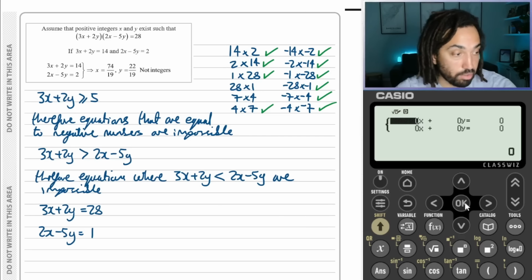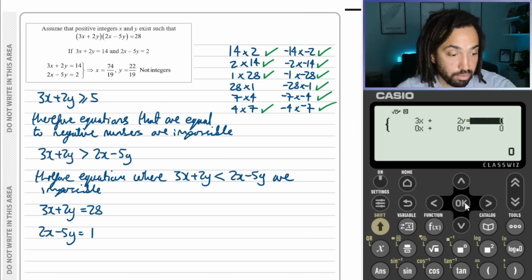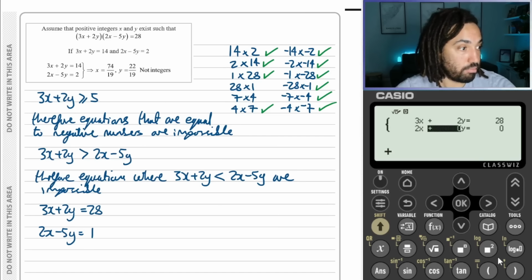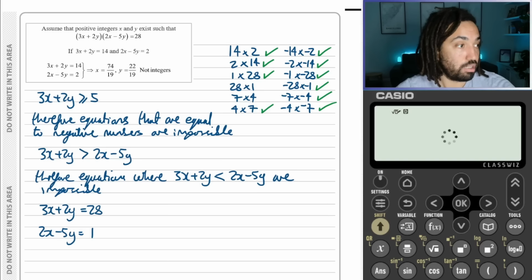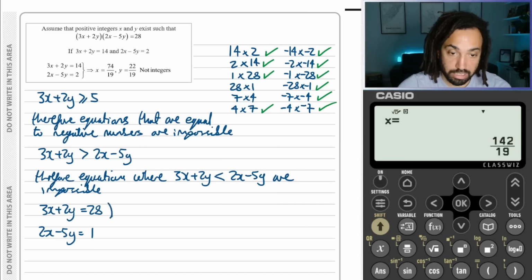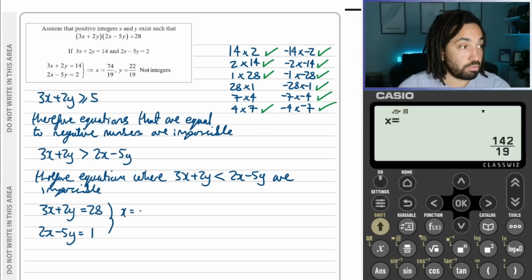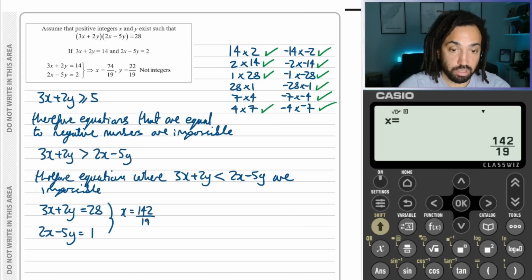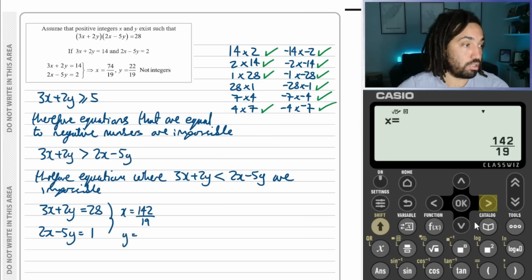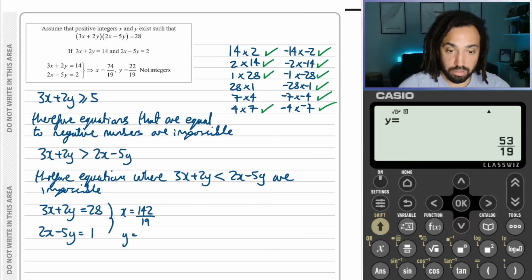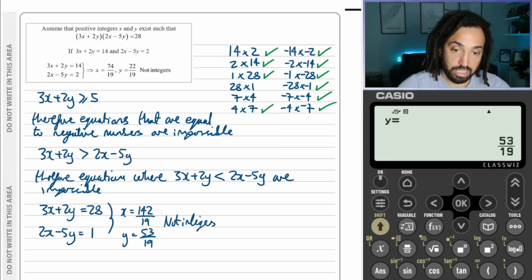We can do 3, 2, 28, 2, minus 5 and 1. Okay, great. And we get x equals 142 over 19, and y equals 53 over 19, and these are not integers.